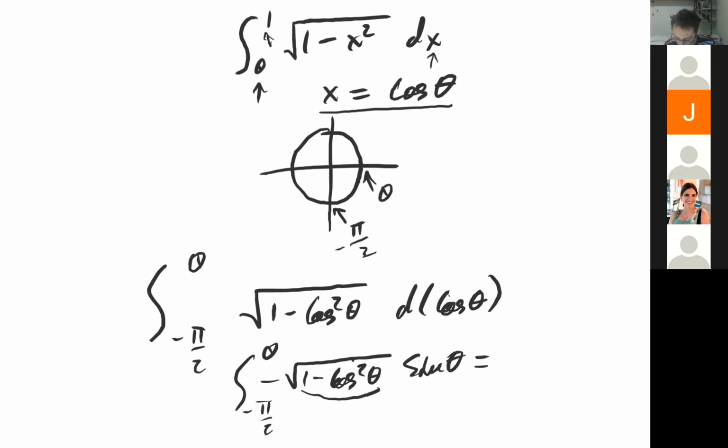So then you get sine theta, or more precisely, absolute value of sine theta, and we have another sine theta. So that gives you a sine squared theta, and you still have this minus sign out front.